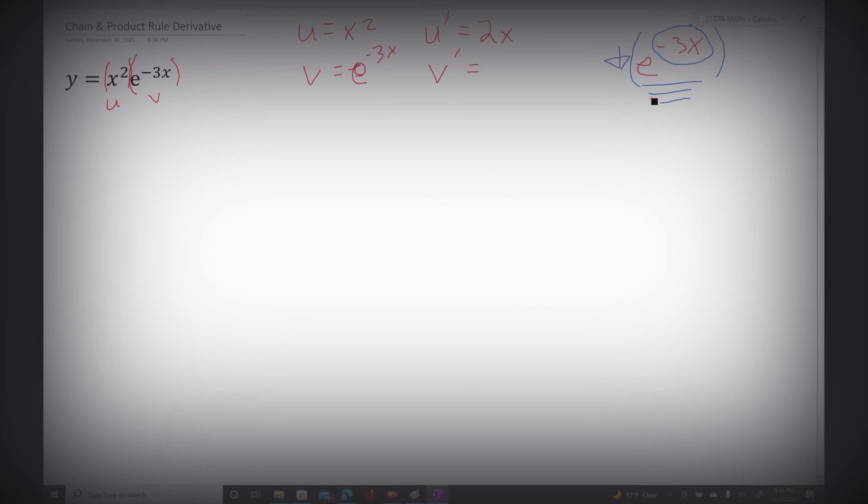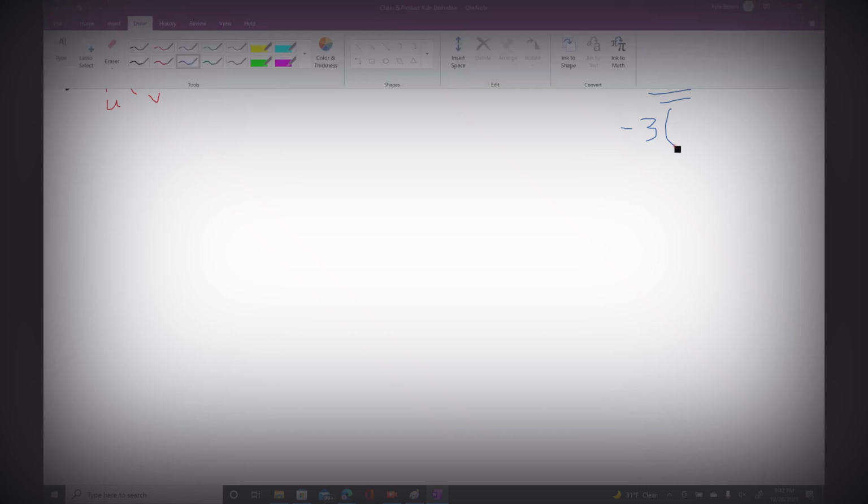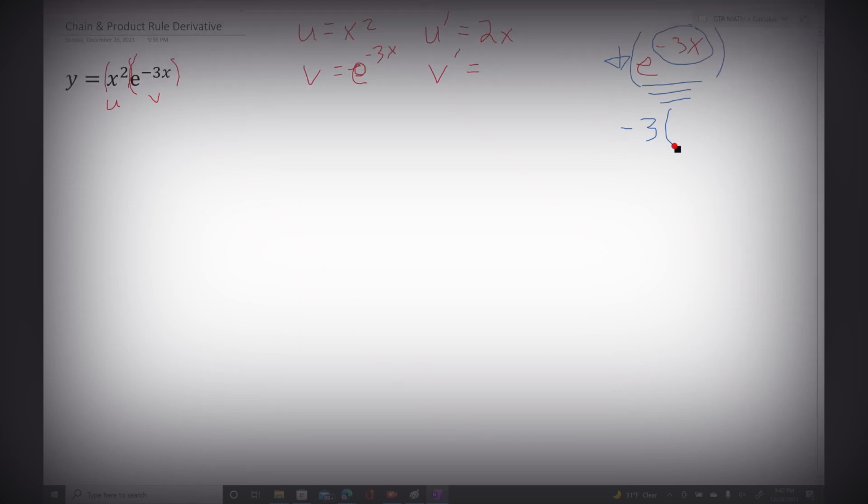So the derivative of negative 3x is just negative 3. So we're going to end up with negative 3, and then we're going to keep everything else the same. So we're going to keep this e to the negative 3x. And then when we multiply it, it's really just negative 3 e to the negative 3x.